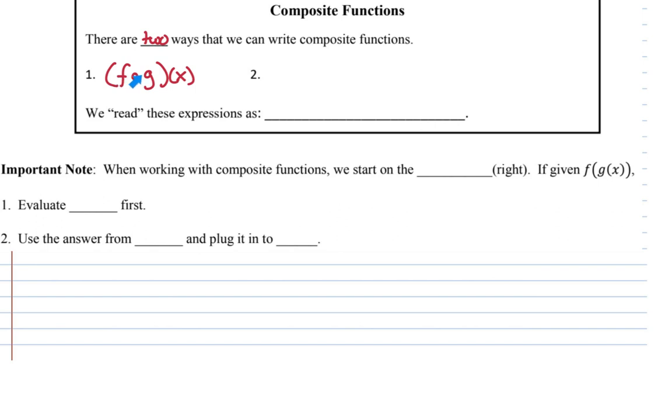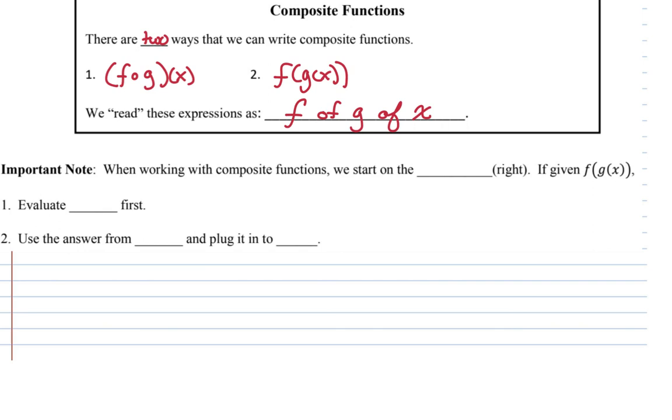I know it looks like it spells fog, but that is not a 0 or an O. That is the symbol for composite function. This is the same thing as f g of x. We read this as f of g of x. That's how we actually say it.